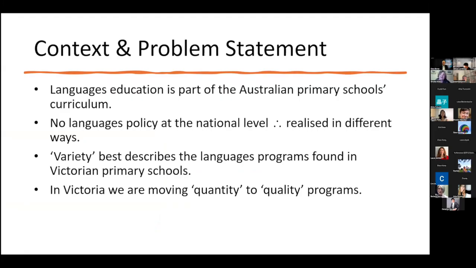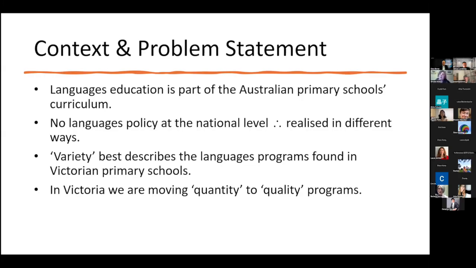And so languages programs are realised in very different ways across Australia. In Victoria, variety is a term that best describes the implementation of languages. Variety in terms of, for example, language offerings, types of programs, and time allocation.